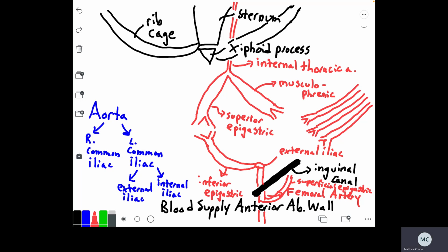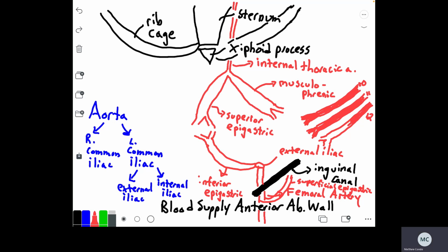So this would be the 10th intercostal artery, the 11th, and actually, let me color those in so it looks a little neater, so you can see the separation. So I have a 10th intercostal artery, an 11th intercostal artery, and then a 12th intercostal artery.